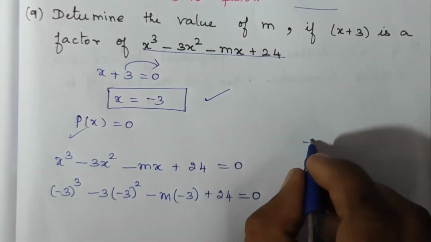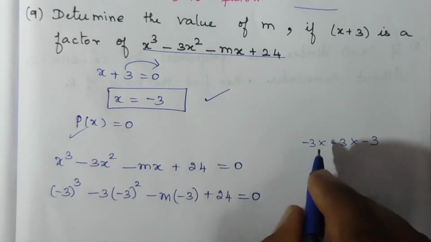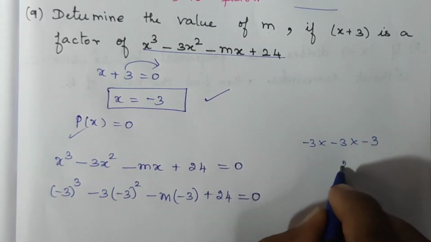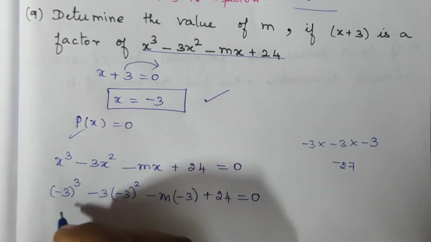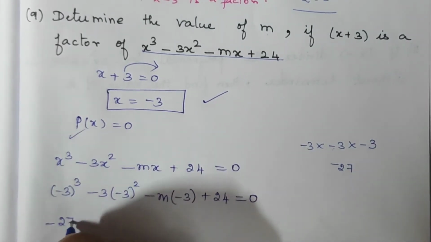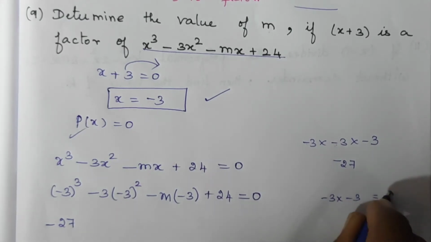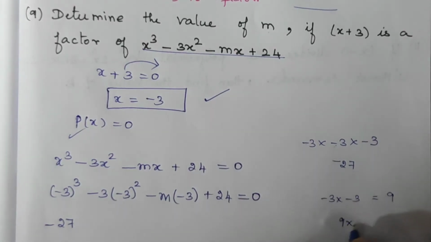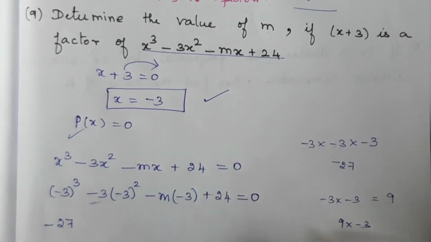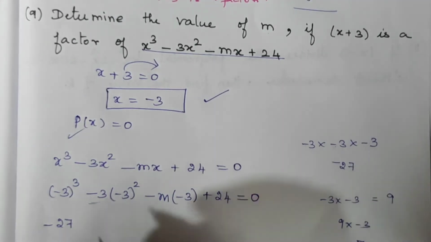Minus 3 into minus 3 into minus 3 is minus 3 cube. 3 3s are 9, 9 3s are 27. Minus into minus is plus, plus into minus is minus. So minus 27. Minus 3 into minus 3 is plus 9. Plus 9 into minus 3, I'll get minus 27.